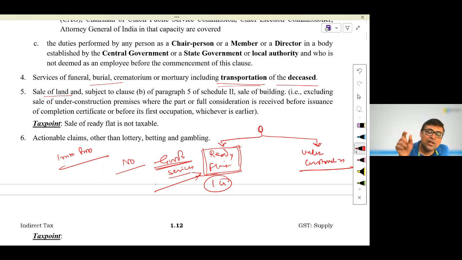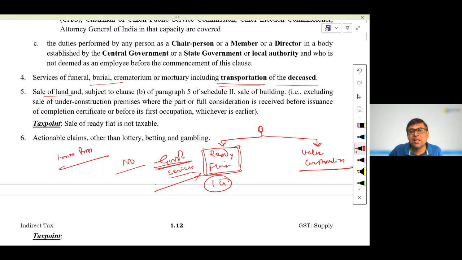In that situation, buying an under construction flat is treated as supply of services and is liable for GST. If I buy a ready flat, it is immovable property and GST is not applicable. If I buy an under construction property, it is supply of services liable for GST.